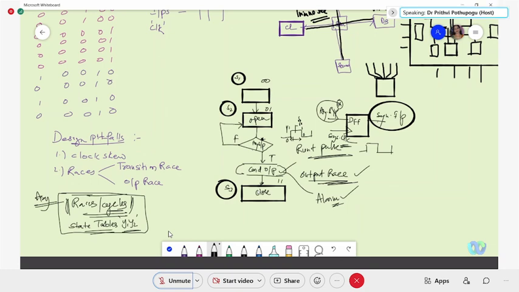It's one example we can take. So there should be some element by which asynchronous inputs are monitored and synchronized. That is the only remedy we can give for an output race, if it is happening because of the asynchronous inputs.